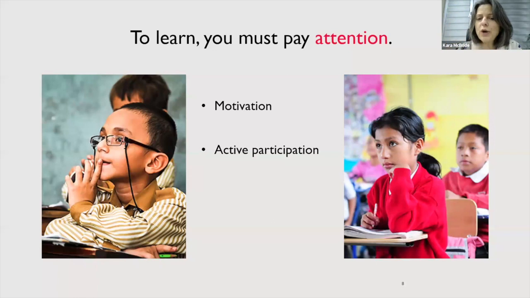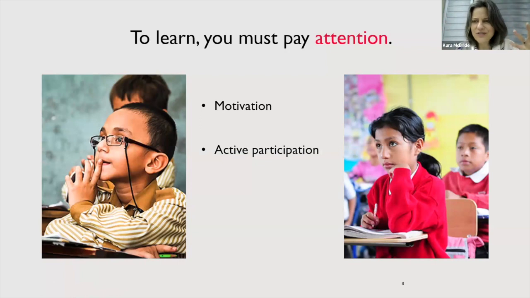And then number two, active participation. It's necessary for multiple reasons. It's necessary for motivation because most of us get kind of bored if we're not active. But it's even more than that: the brain makes the connections through active participation, which kind of goes along with what Aisha was saying.